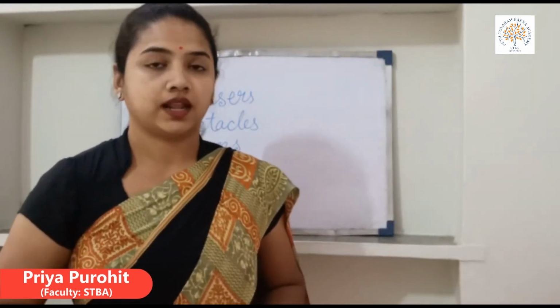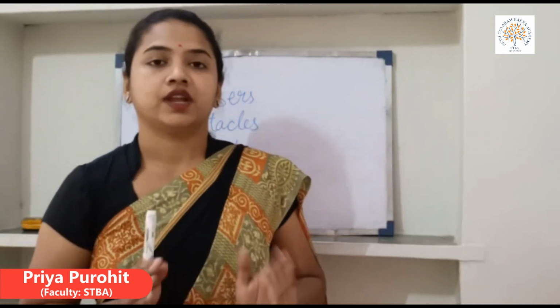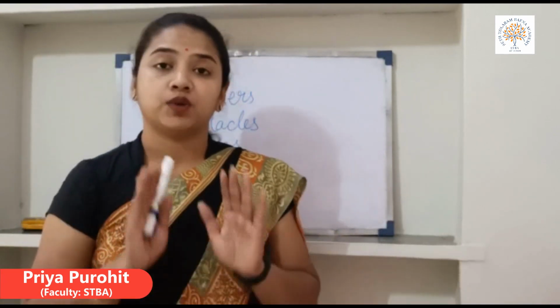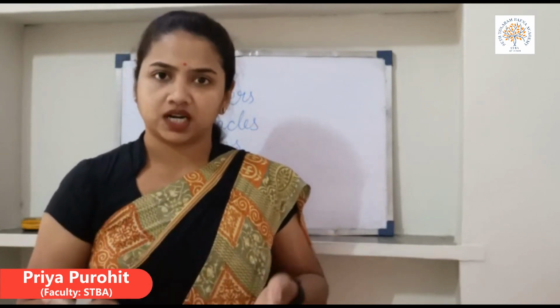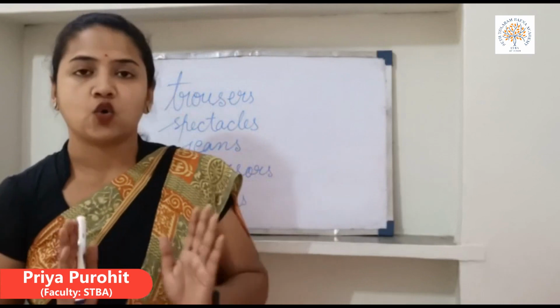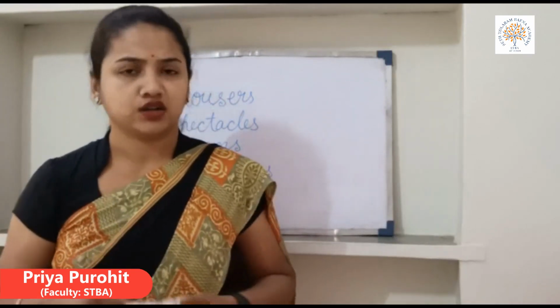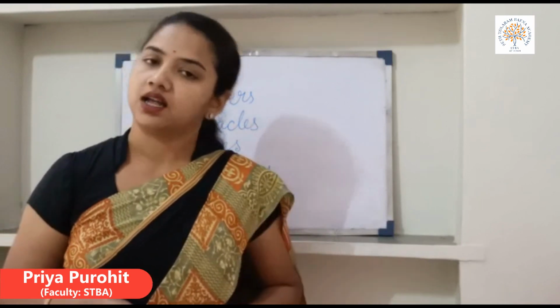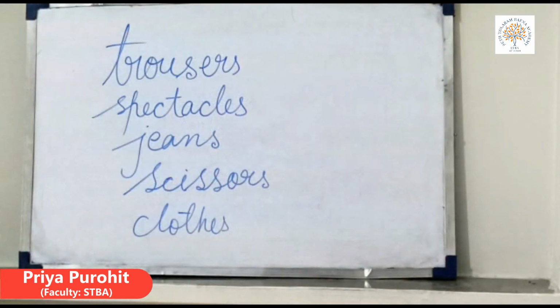Now coming to the next portion, there are some nouns which have only plural forms. Yes, there are a few words which have only plural forms. We can't say the singular form of these words. And these words are trousers.